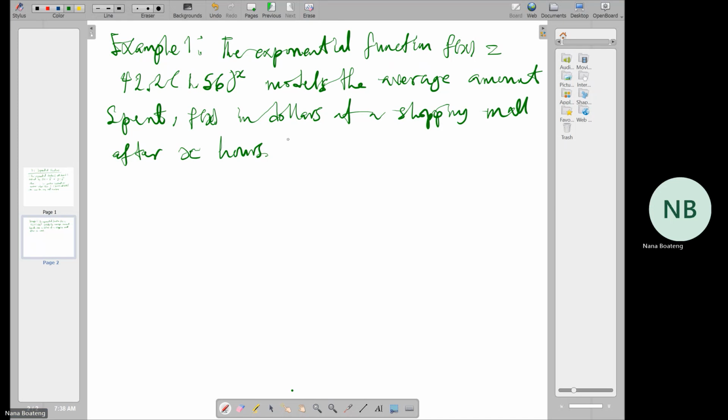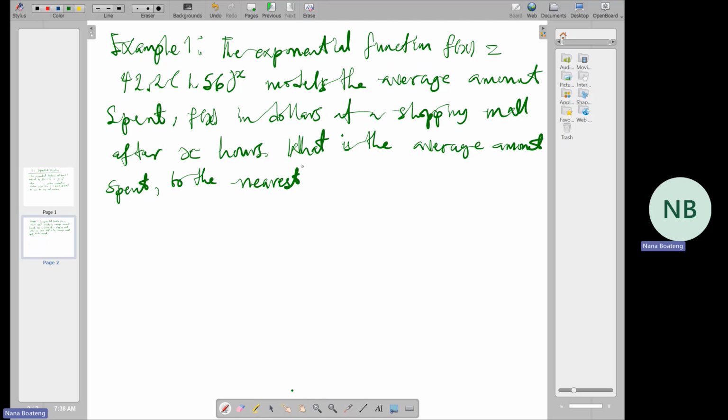What is the average amount spent after 3 hours at a shopping mall?